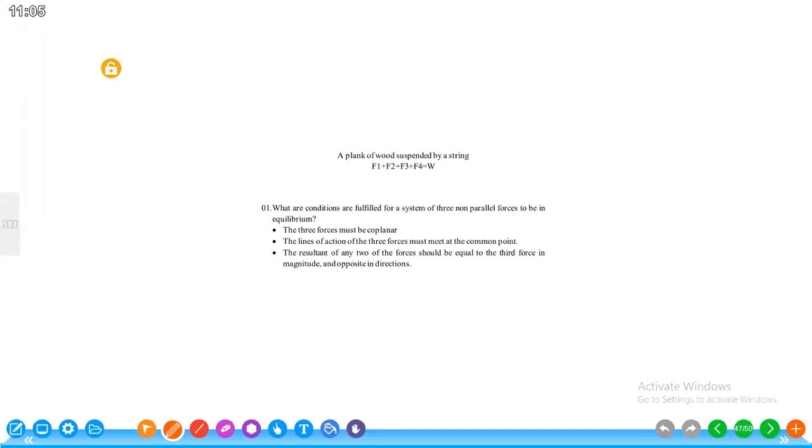Okay, students. Here the figure is not shown, so you imagine it. The systems which are acting in here: the four forces which are acting in here.